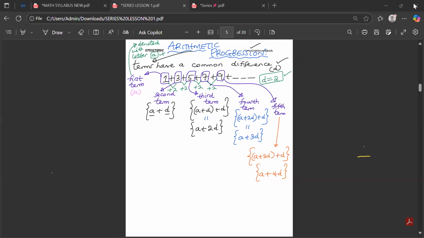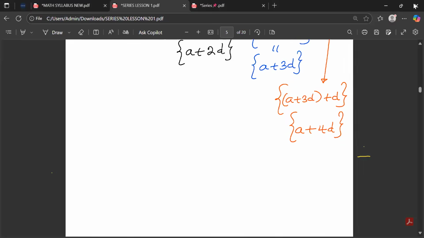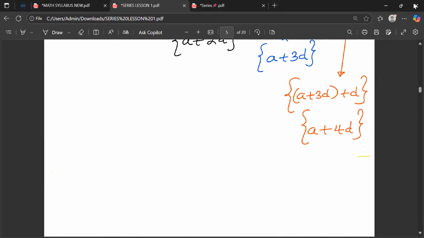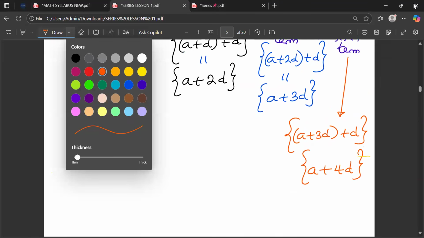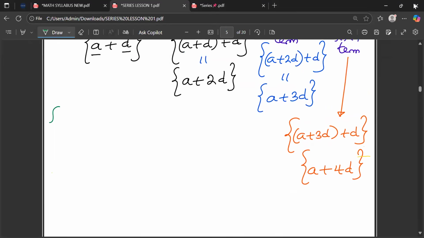So let me see if people have a very good eyesight. And how am I going to test the eyesight? I'm going to come here and say that the first term was A without adding anything.